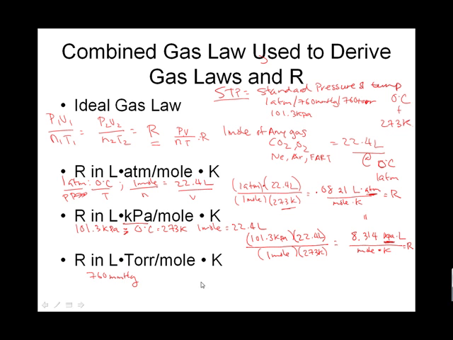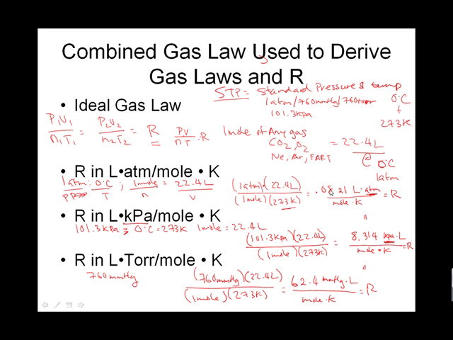And so 760 millimeters of Hg times 22.4 liters over 1 mole over 273 K gets us to 62.4 millimeters of Hg times liter over mole K. And this is also my R. The only difference is the unit of your pressure.